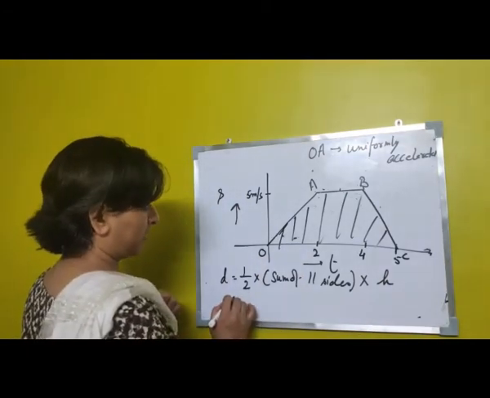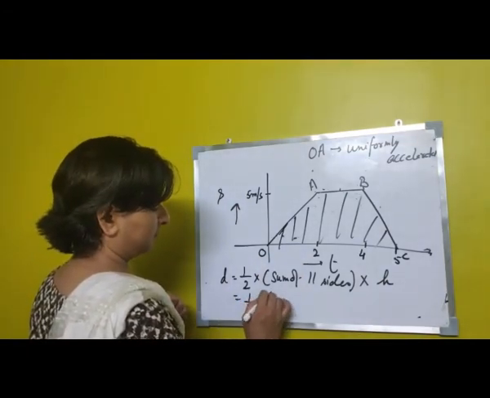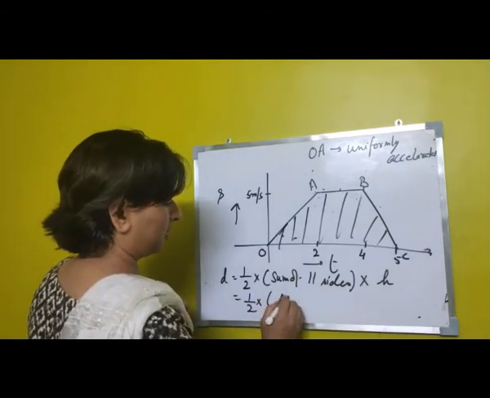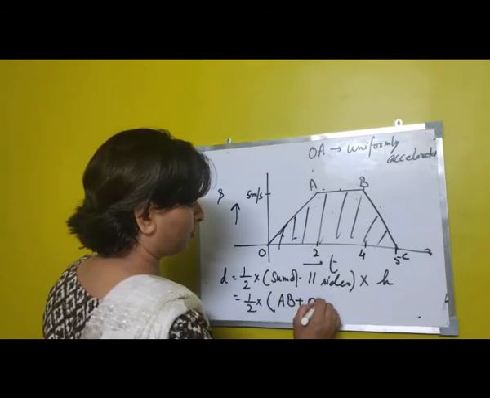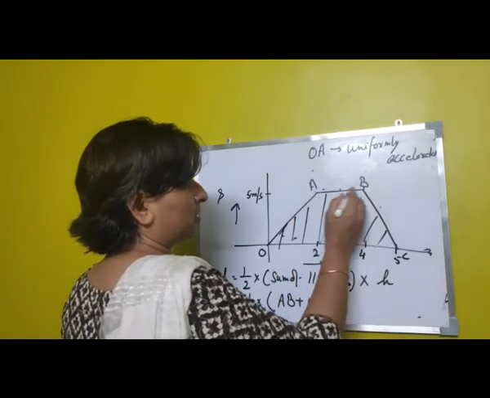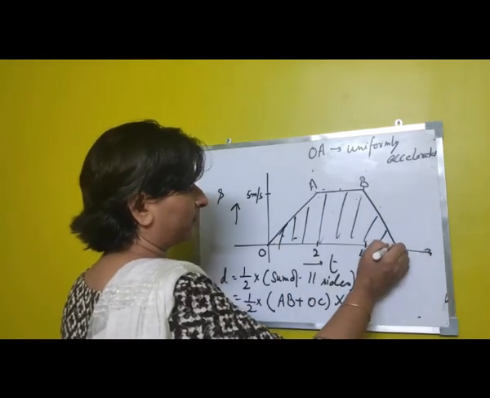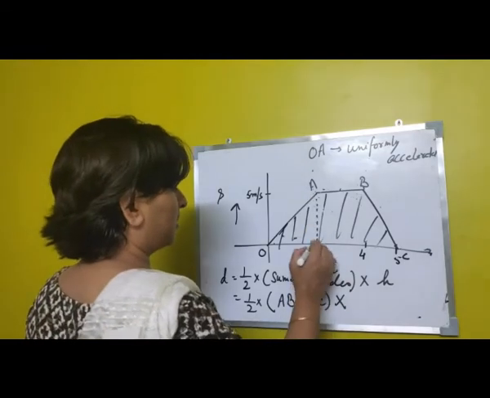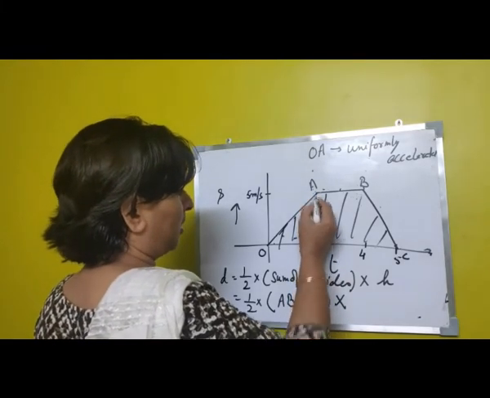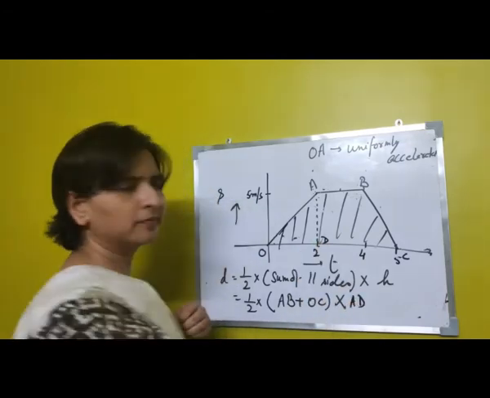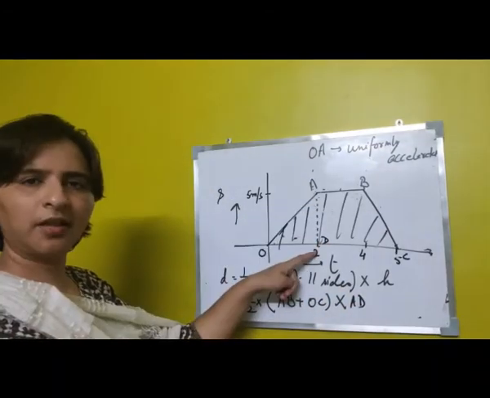Now what are the parallel sides here? Parallel sides are AB and OC. Half of AB plus OC into the height. Now if this is the parallel side, this is the height. Height is, say, I can say this is A and D. Fine. The height is AD.